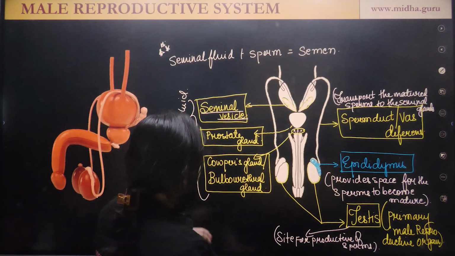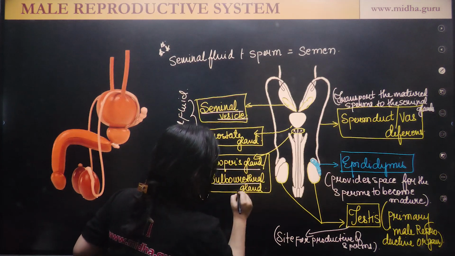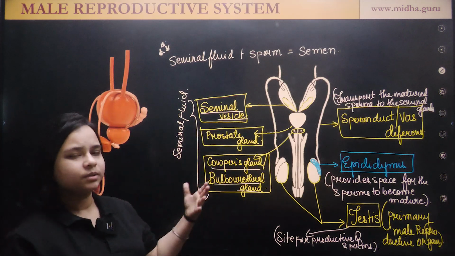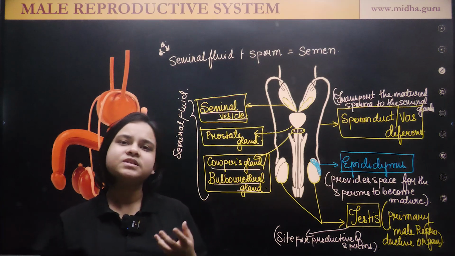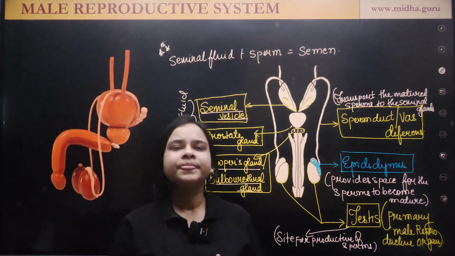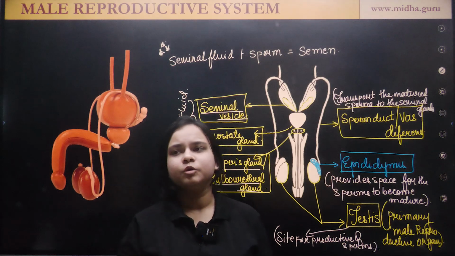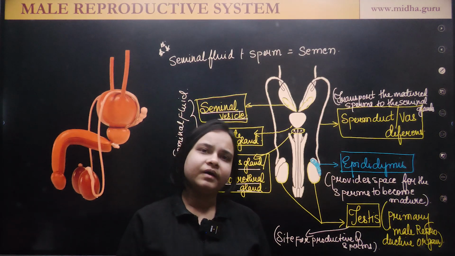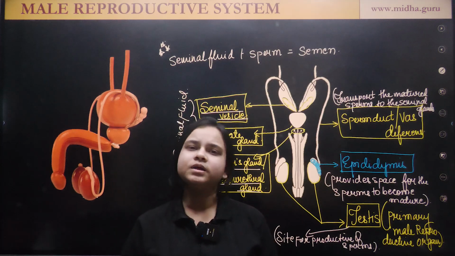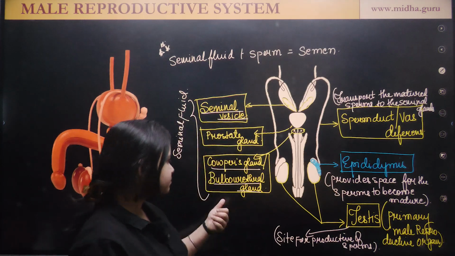Also, this Cowper's gland or the bulbourethral gland produces some additional secretion which helps in the lubrication of the external genital area during copulation or the process of fertilization.